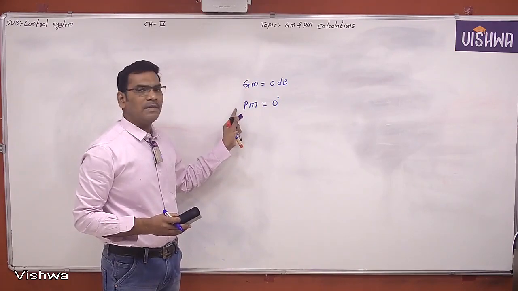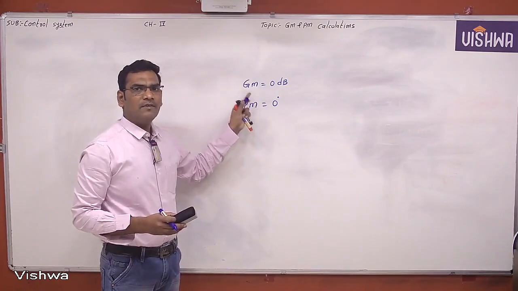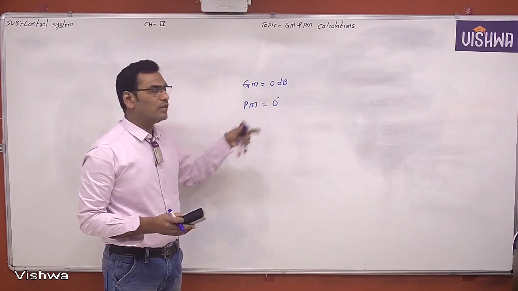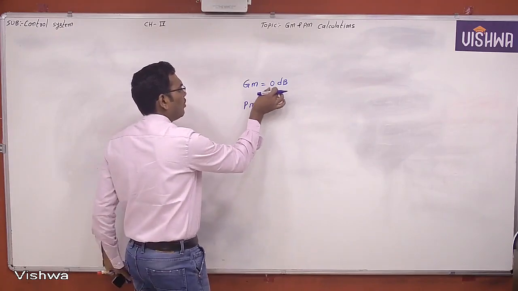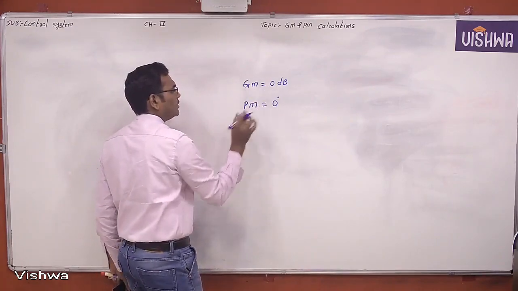If the phase margin is exactly 0 degrees and the gain margin is exactly 0 dB, then this is a boundary, margin for gain and margin for phase.